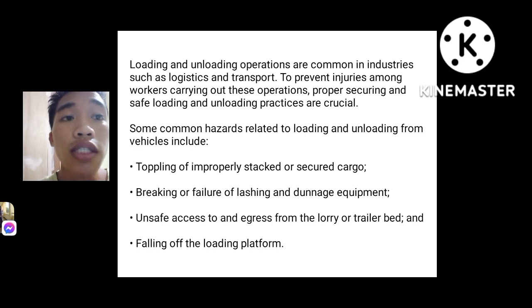Some common hazards related to loading and unloading from vehicles include toppling and improperly stacked or secured cargo. Second is breaking or failure of lashing and damaged equipment. The third is unsafe access to and egress from the lorry or trailer bed. And last is falling off the loading platform.